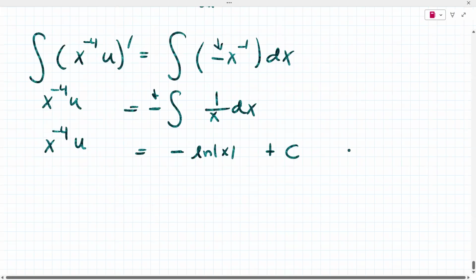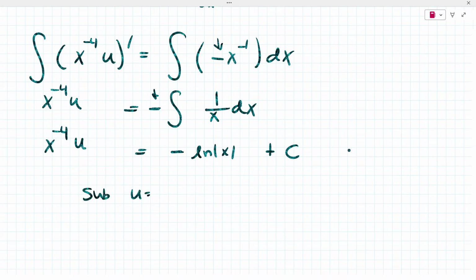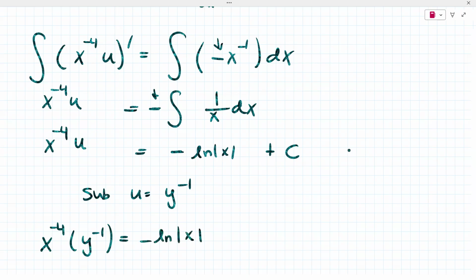Then what I would do is substitute u equals y to the negative 1. So it's going to be x to the negative 4, and then replace u with y to the negative 1, equals negative ln of the absolute value of x plus c.